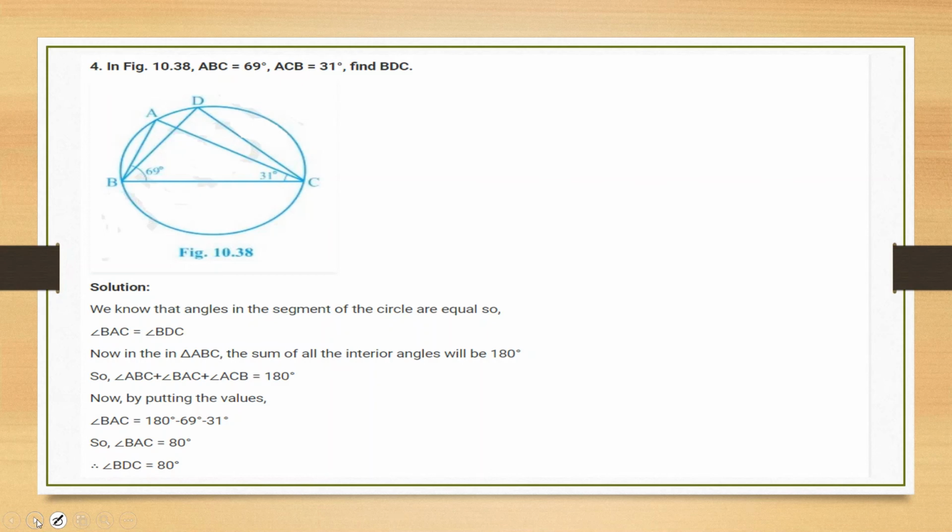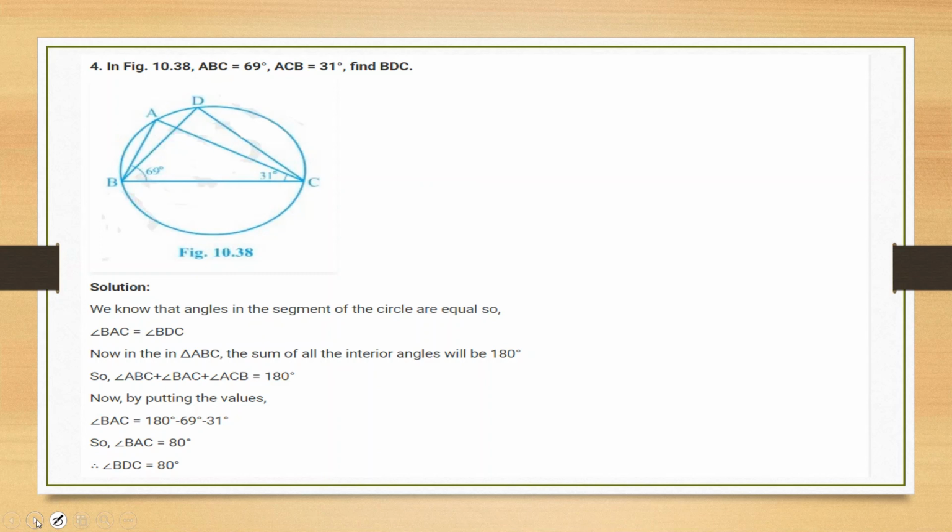By putting the values into the above equation, we get angle BAC is equal to 180 minus 69 degree minus 31 degree, and we get angle BAC to be 80 degree.